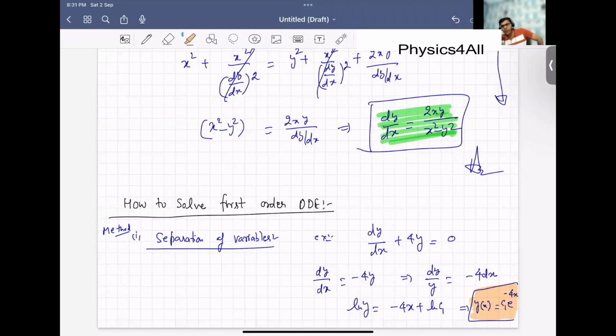That solution will always involve a constant in a first order differential equation, and those solutions which involve undetermined or unspecified coefficients are known as general solutions. As soon as you fix the value of the constant with suitable conditions, given initial condition or boundary condition, then you get the particular solution. That will always be the case.